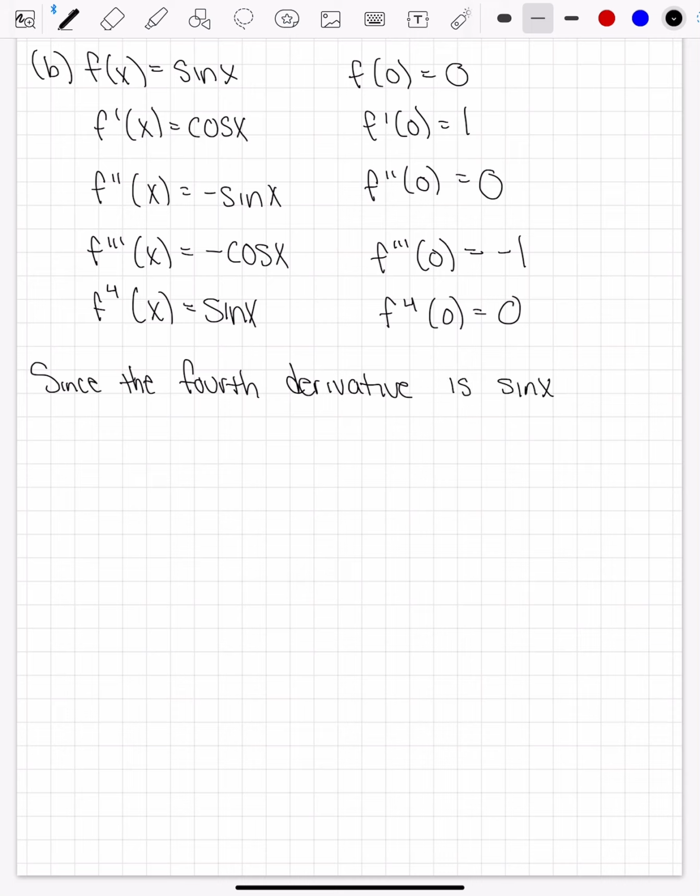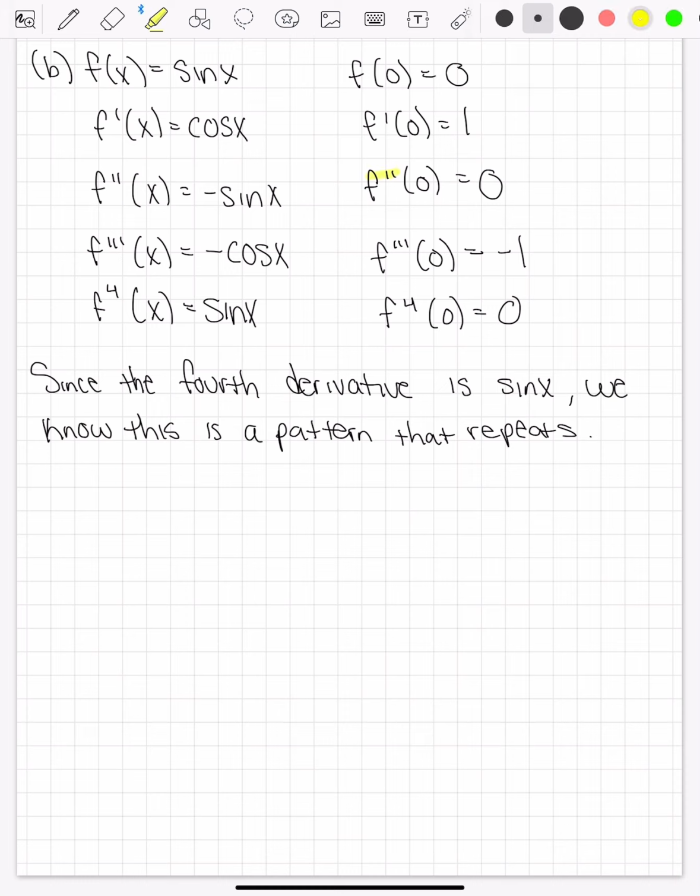So basically all of these even ones are going to be your sines, and all of these odd ones are going to be your cosine. And notice that the cosine ones alternate between 1 and -1, so therefore we can make note of that, right?